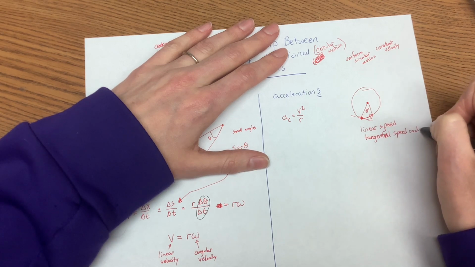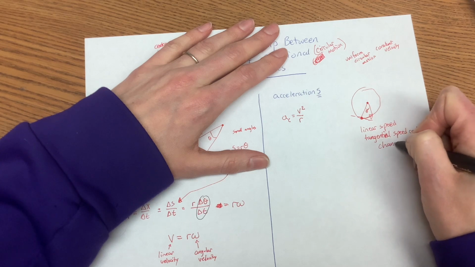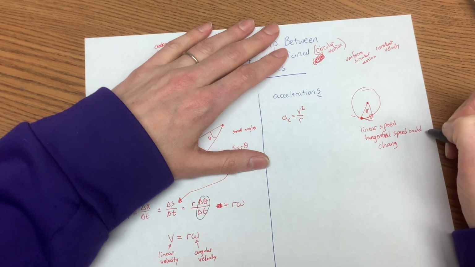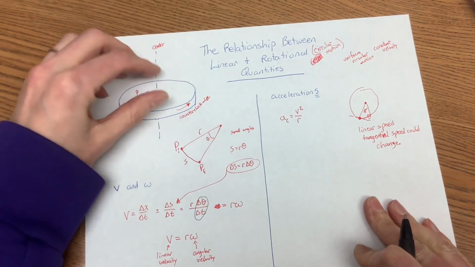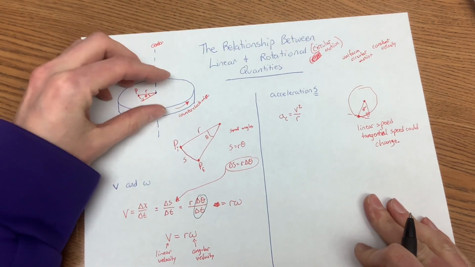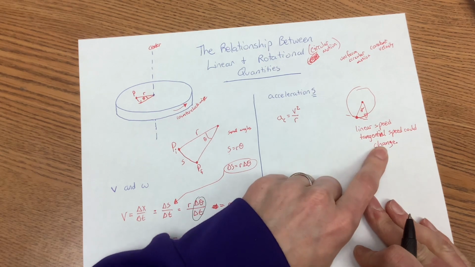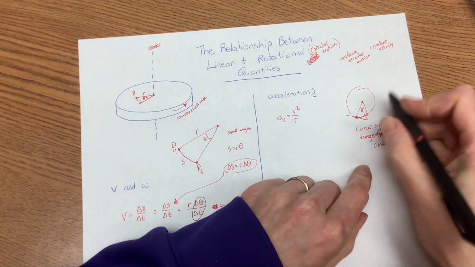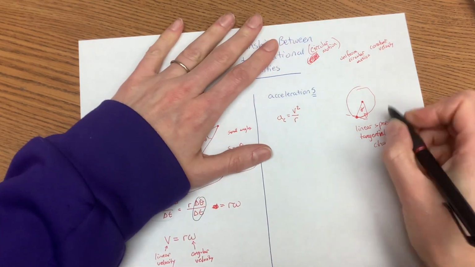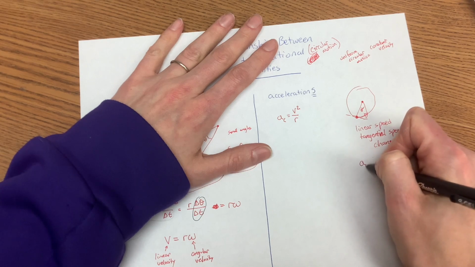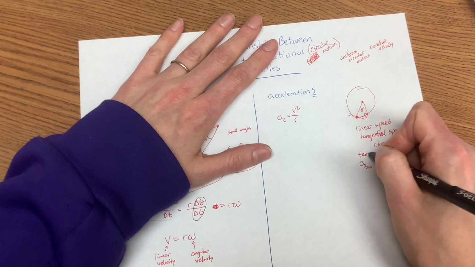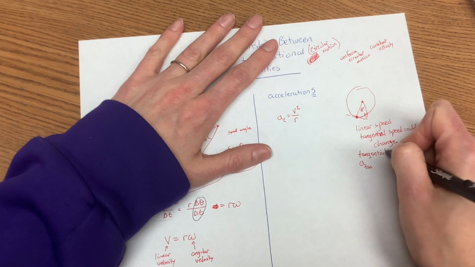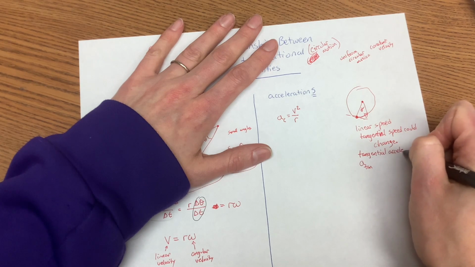It could be changing because it's rotating, and if it's experiencing some angular acceleration, then the tangential speed could change. So there might be what they call the tangential acceleration, a tan.